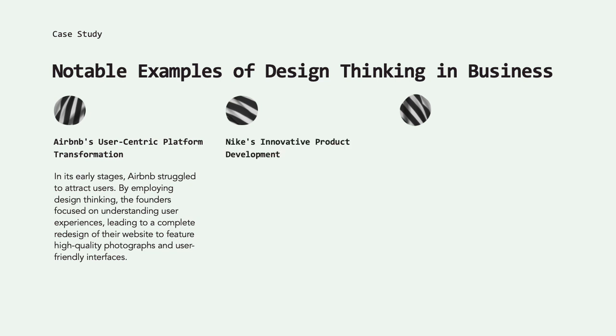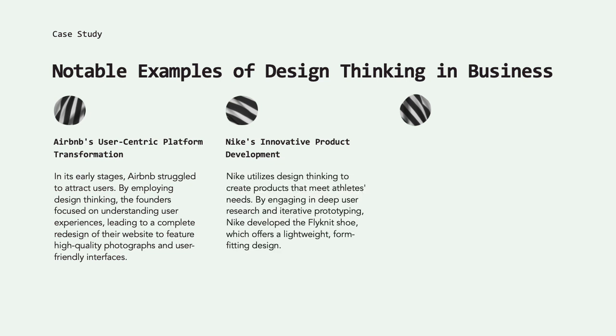Another field in business was with Nike's innovative product development range. Nike utilizes design thinking to create products that meet athletes' needs. By engaging in deep user research and iterative prototyping, Nike developed the Flyknit shoe, which offers a lightweight, form-fitted design.